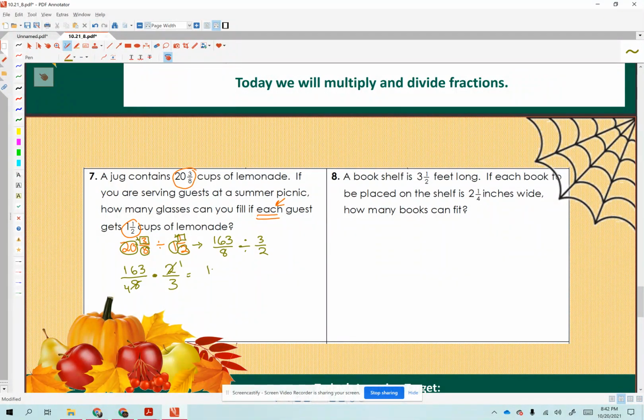So when I multiply across, 163 times 1 is 163, and 4 times 3 is 12. And when I divide 163 by 12, I have 12, 24, 36, 13. Okay, we have 7/12 left over.